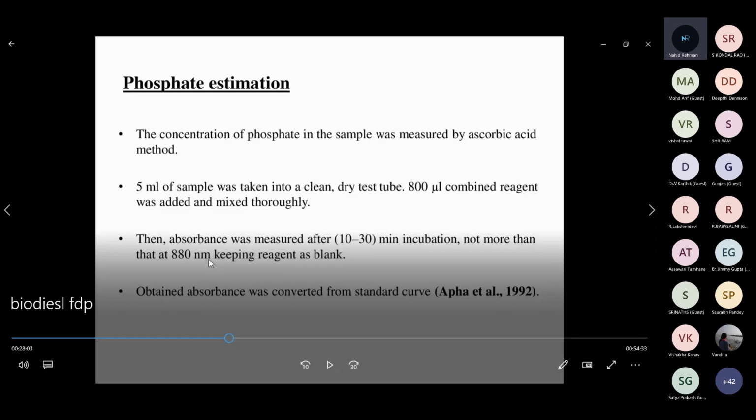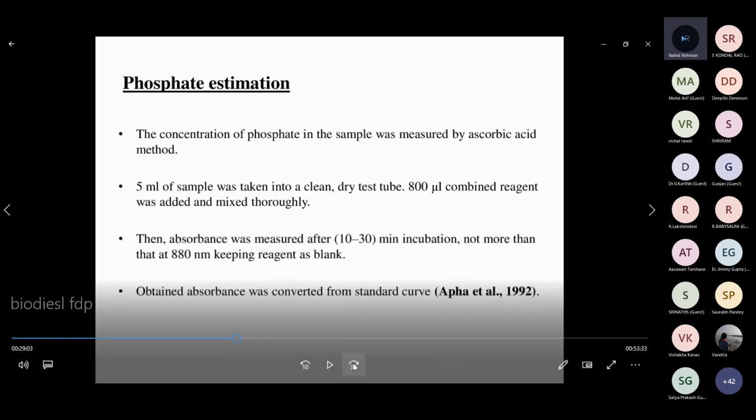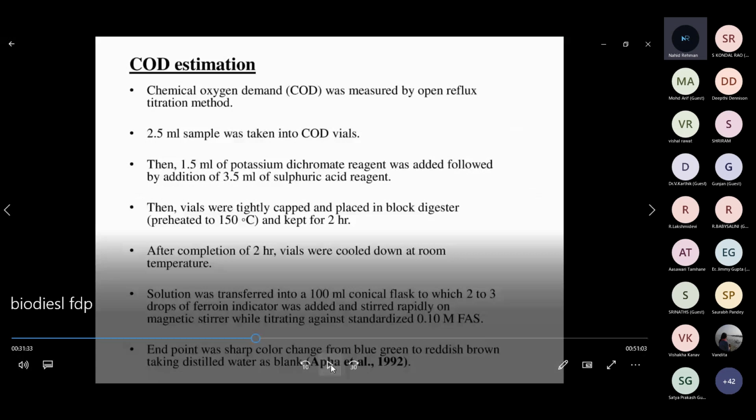Always put the blank because it gives some absorbance at a specific wavelength that you have to subtract from the absorbance which you achieve, and then the exact concentration you obtain by comparing it with the slope value which you obtain by drawing the different concentrations of the standard solution using the standard curve.